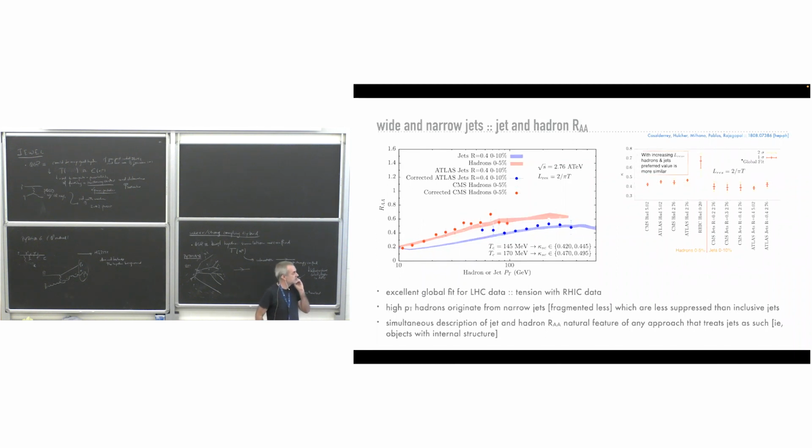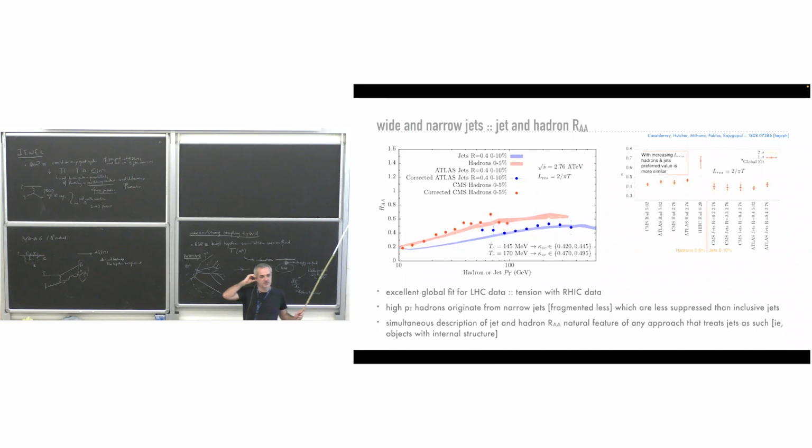So what did we do here? We just took the model and computed the RAA for jets and hadrons, and we get it very nicely. Actually, if we extract the K value from each piece of data that is available, it gives very consistent values, except for RHIC, which is always off.